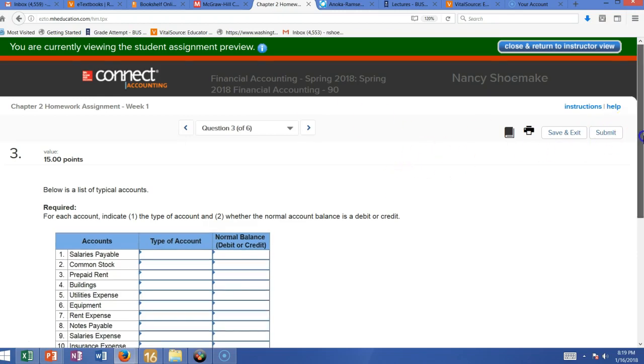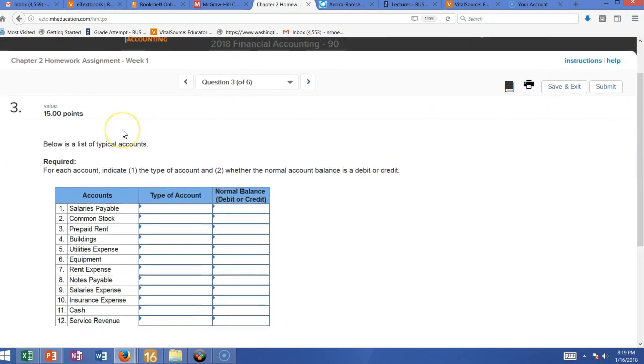Guys, here you have to list each account. You need to say what kind of account it is and whether the normal balance is a debit or credit. Whenever something has a payable, what kind of account is it? Liability. It's a liability account.